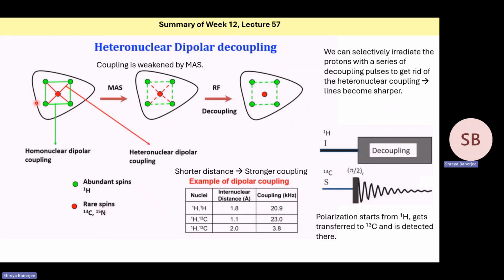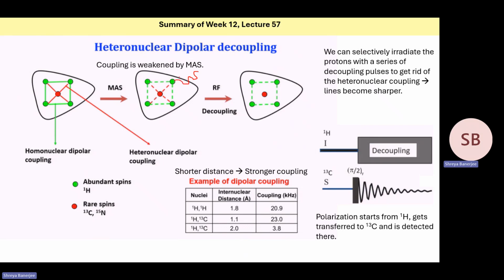Now if you put the sample in the rotor and spin it at the magic angle, so magic angle spinning or MAS, what MAS does is that it weakens both the homonuclear dipolar coupling and the heteronuclear dipolar coupling. After that, what is done is that we selectively irradiate the protons.